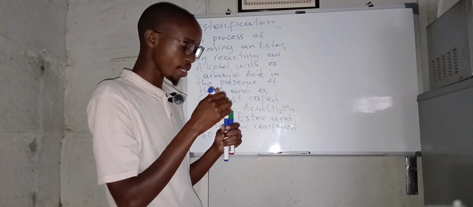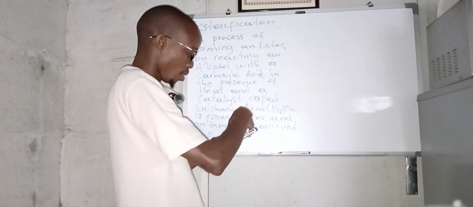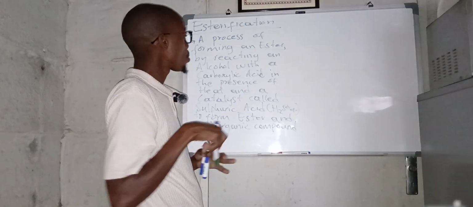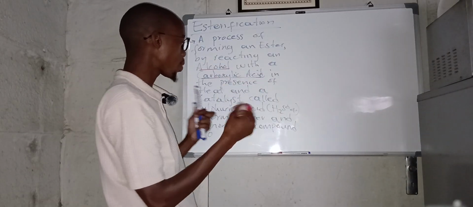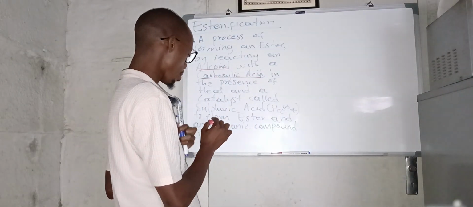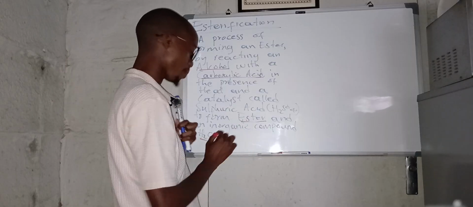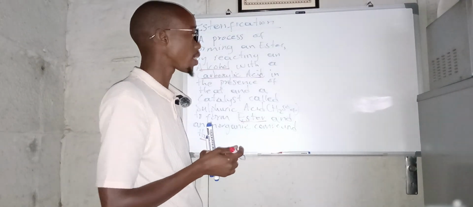So meaning the reactants are alcohol and carboxylic acid. The products will be an ester and water. That's basically the whole idea that is happening.